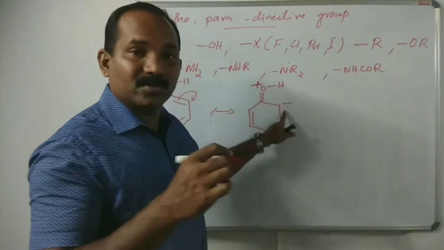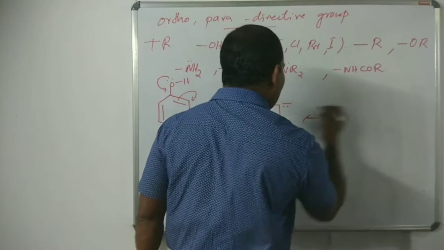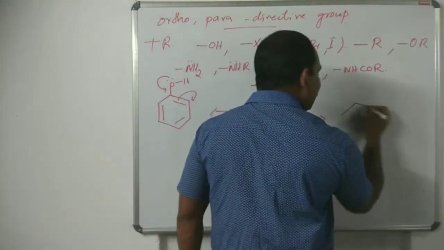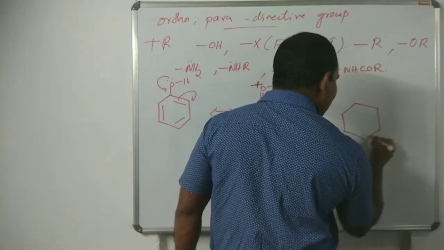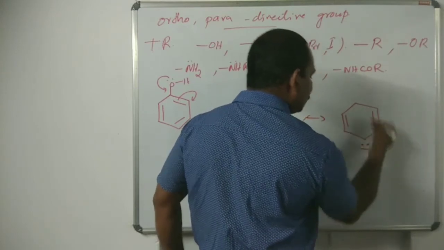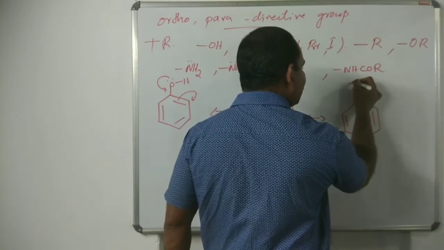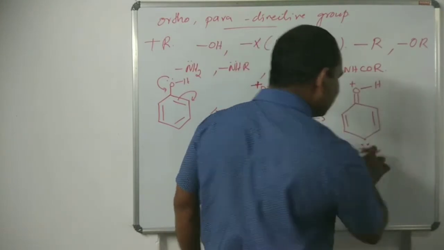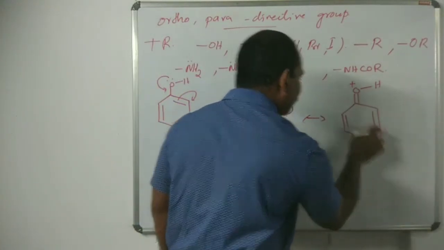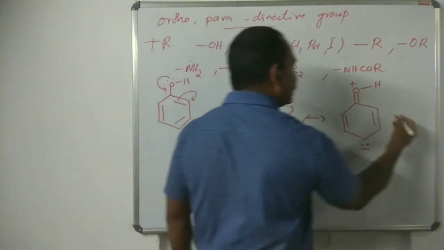So the ortho position has electron density, and there is another resonance structure. The functional group decides the electron density. Now the negative charge is at the para position, the 1-4 position: 1, 2, 3, 4.